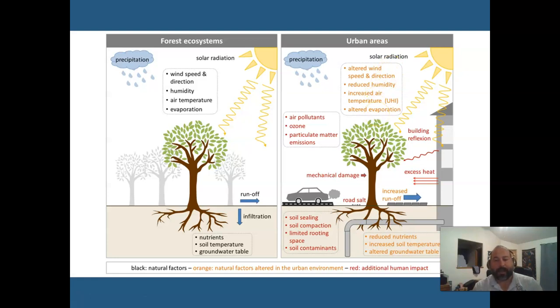Now, I'm not saying that we can't grow trees in urban areas or that we shouldn't be growing more trees in the forest. I do think we should grow more trees in the forest, but I also think we should grow more trees in urban areas.